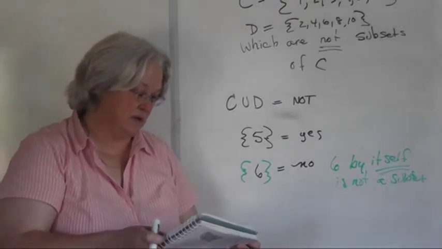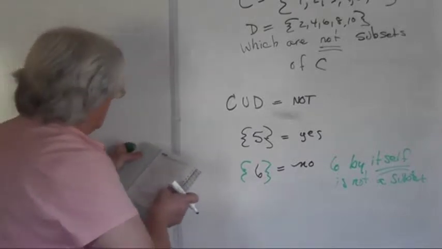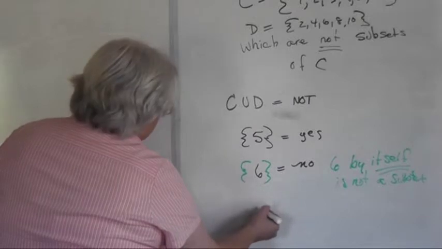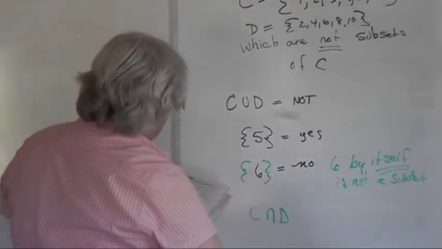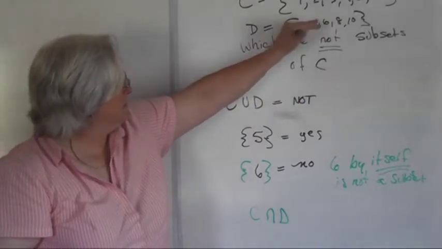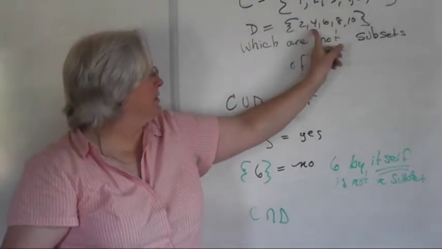Next we have, is C intersect D a subset? Well, sure it is. Wherever C and D intersect, these are the elements that they have in common.